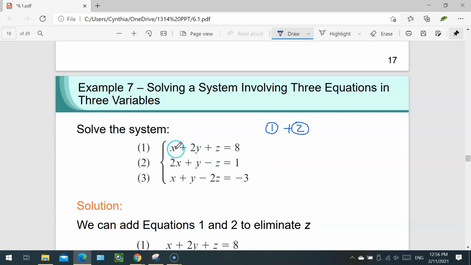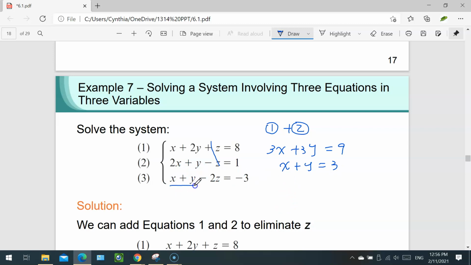Once I add these 2, x plus 2x turns to 3x, 2y plus y turns to 3y, z minus z is 0, and it is equal to 9. We can divide by 3, so we get x plus y equal 3.